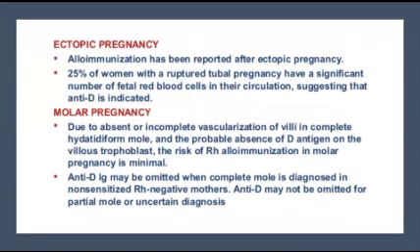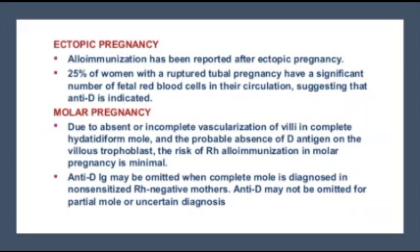Alloimmunization has also been reported after ectopic pregnancies. 25% of women with a ruptured tubal pregnancy have a significant number of fetal red blood cells in their circulation, suggesting that anti-D is indicated. In molar pregnancies, due to absent or incomplete vascularization of villi in complete hydatidiform mole and the probable absence of D antigen on the villus trophoblast, the risk of Rh alloimmunization is minimal.